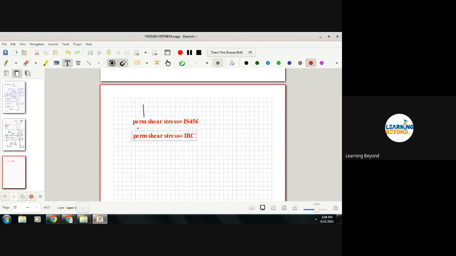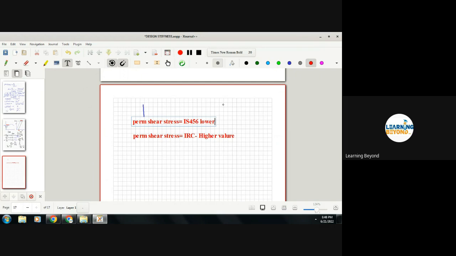I think it is used for bridges. The value for the same concrete in the IRC code is giving slightly higher values, which means a lesser factor of safety, I would say. And here they are lower values, for the same grade of concrete and so on.